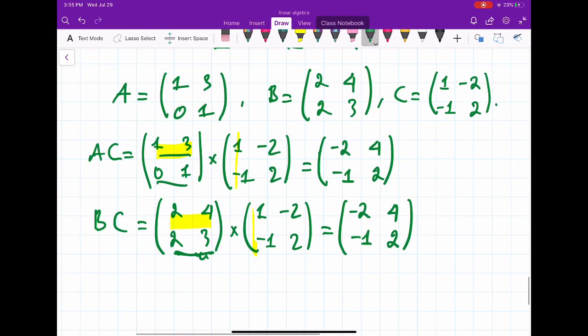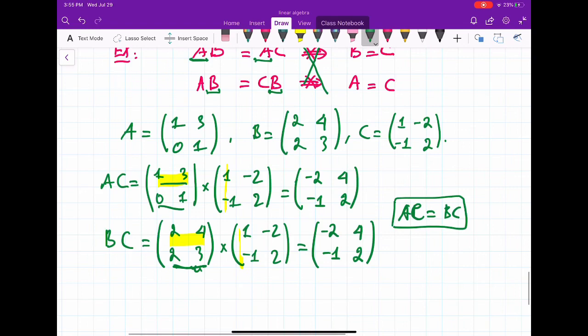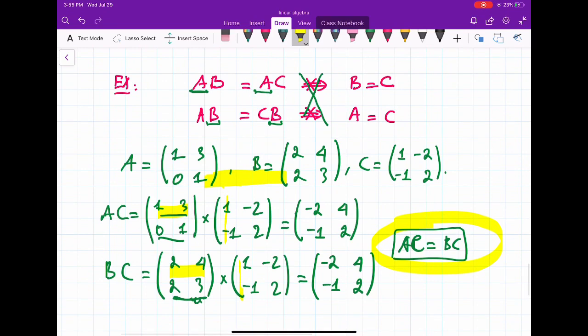So you can see actually AC is equal to BC, right? But A and B are different, you see? They are not the same. Why is AC equal to BC? Okay, so that is a very simple example that shows you that you cannot cancel matrices in matrix multiplication in here. Okay, but look at this.